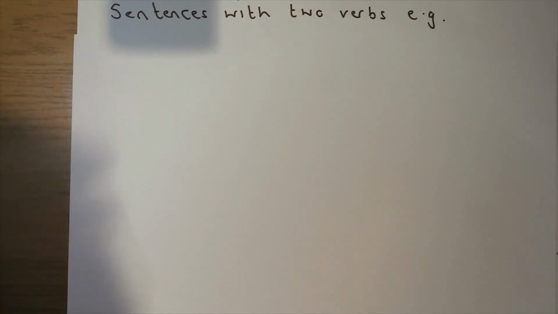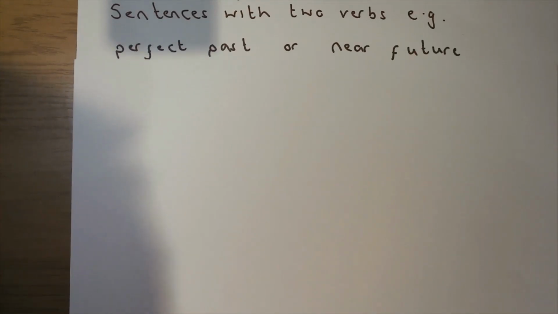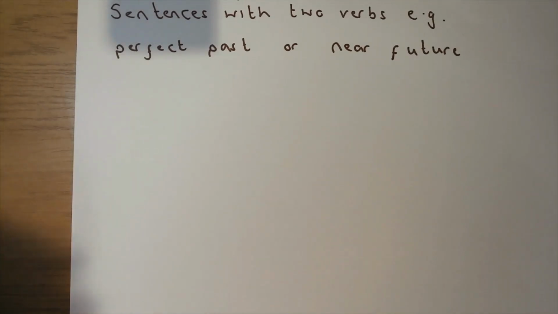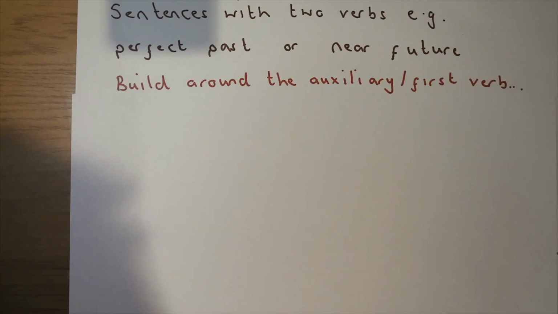Once you get confident with negative structures, you'll be able to apply them with sentences with two verbs, for example with the past perfect tense or the near future tense. So if we look at the past perfect first, we need to spot in our sentence which is the auxiliary or first verb. That's the key aspect, and that is the one that we therefore build around with our negative structure.